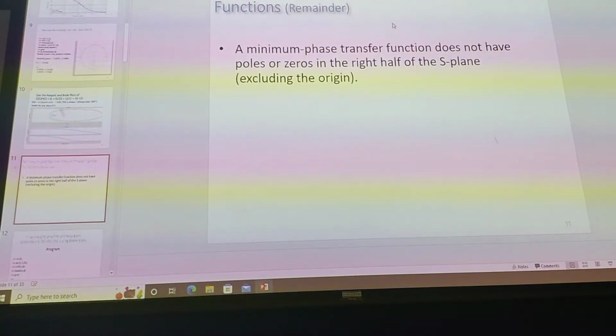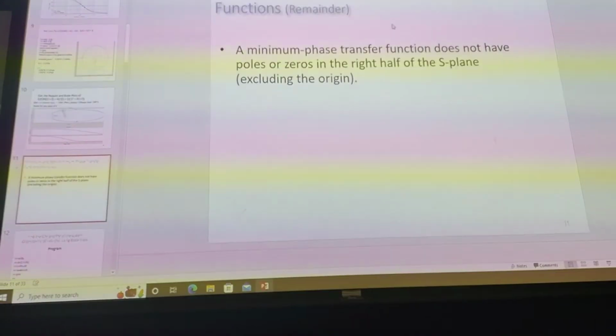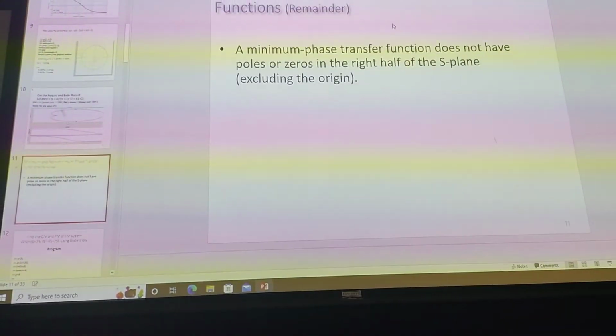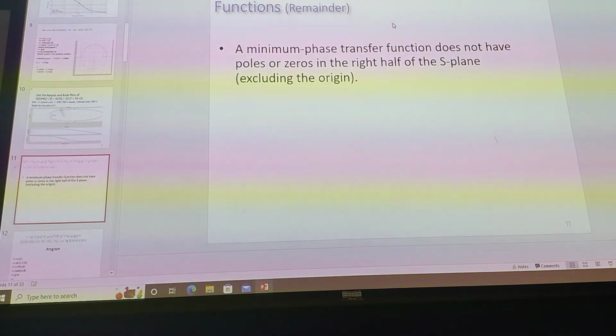I have talked about this in the past. If you have poles or zeros on the right half of the plane, then it is a non-minimum phase transfer function, and Bode is not acceptable for determining stability.